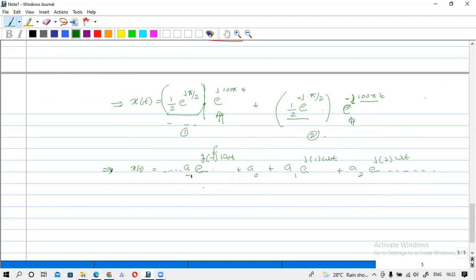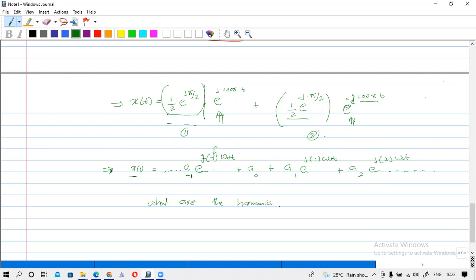So we have only two terms from this series. Now you have to find what the terms are. In other words, you have to find what the harmonics are.